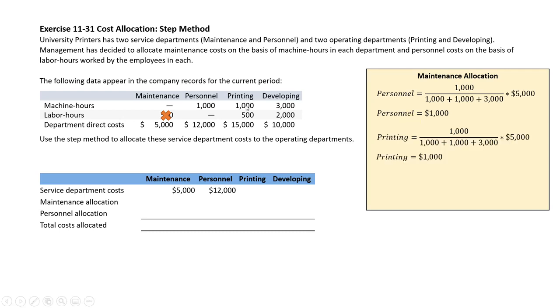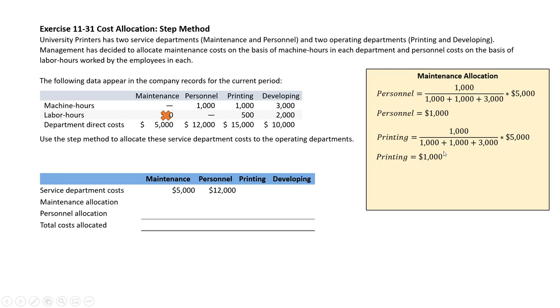It would be the exact same thing for printing, only because the maintenance machine hours provided to printing, 1,000, are the same as the maintenance machine hours provided to personnel. So also $1,000 of the $5,000 is allocated to printing. Now, by process of elimination, you could say, well, if I have 5,000 and I've already allocated 2,000 in total, 3,000 would go to developing.